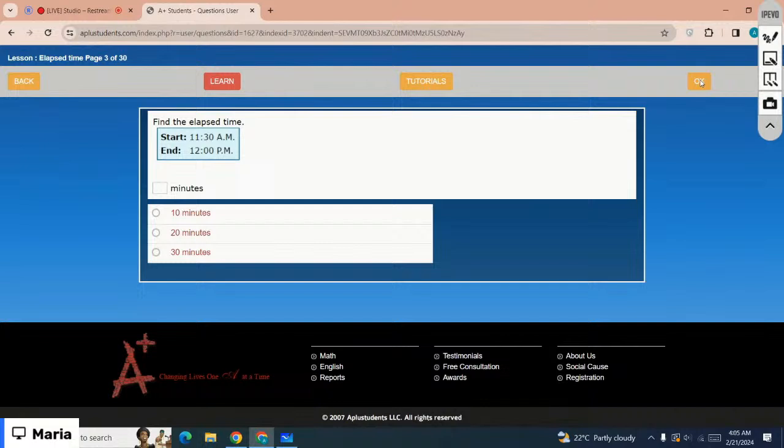Okay, the next one is find the elapsed time. That is 11:30 a.m. and 12 p.m. So which is the correct option? The correct option is, yes, that is just 30 minutes. Option number 3 is the correct option. Very good.